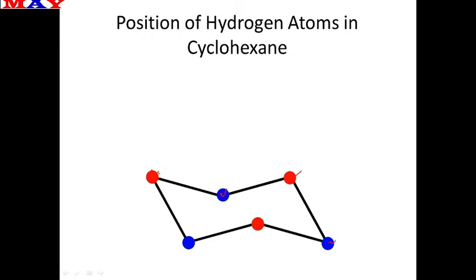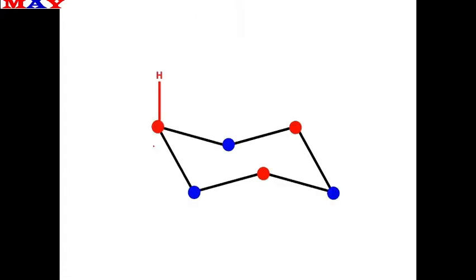What we will do now is, on the upper carbon, we draw a vertical line to place one hydrogen. This hydrogen is vertically drawn, it is known as axial hydrogen. And similar to this carbon, we will put two more hydrogens vertically aligned.